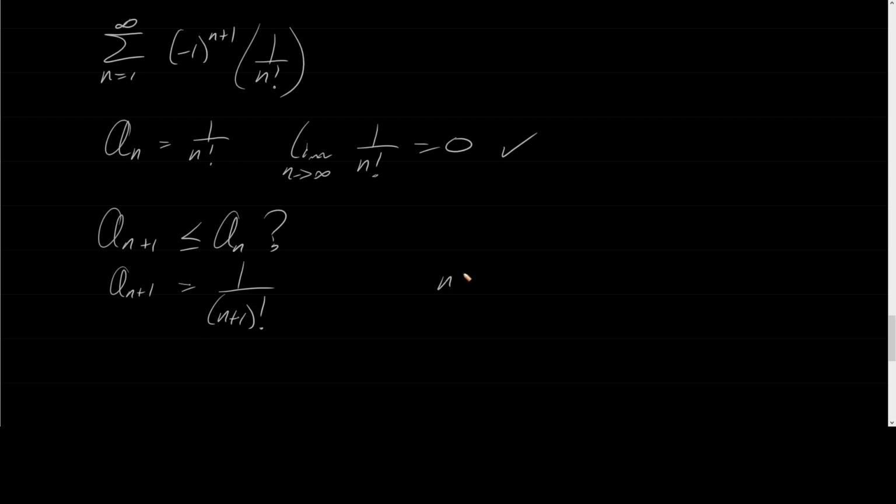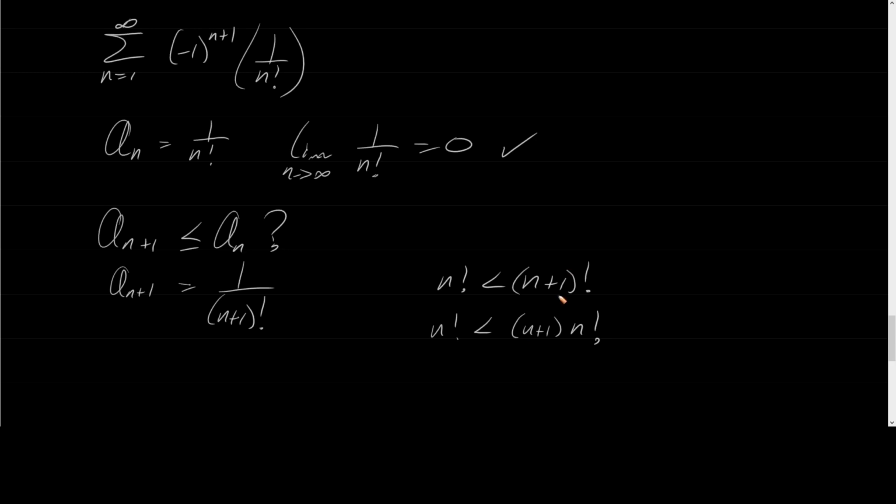In general, n factorial is less than n plus 1 factorial, because n plus 1 factorial is n plus 1 times n factorial. n plus 1 is definitely a positive value, because n is a whole positive number.